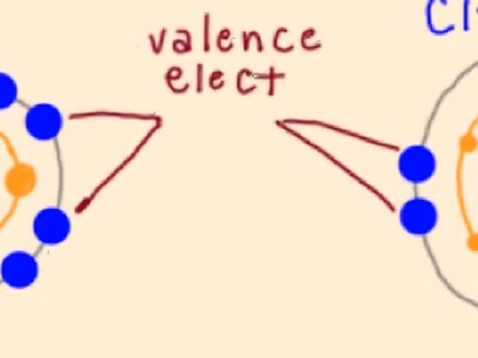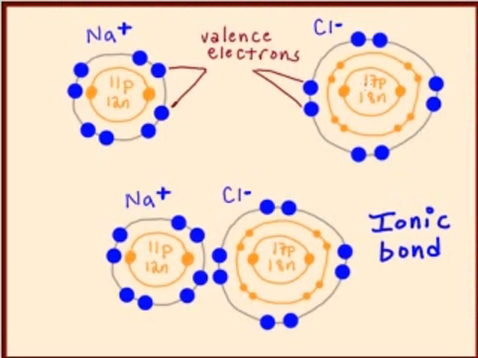When you're talking about chemical reactions, only the valence electrons matter. To review, we have a sodium cation here, and we have a chlorine anion.